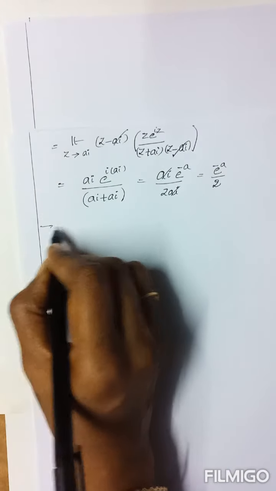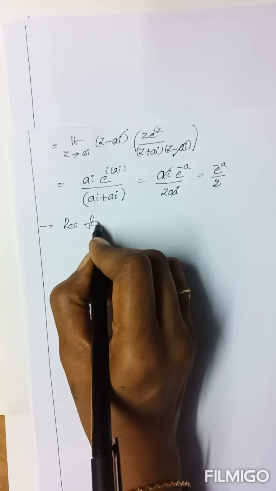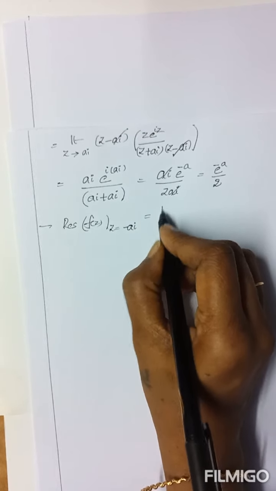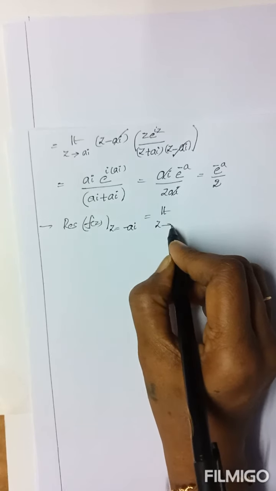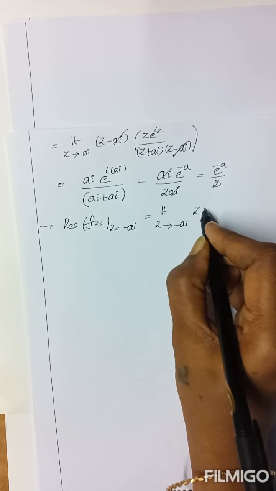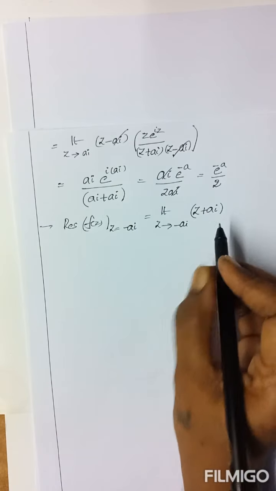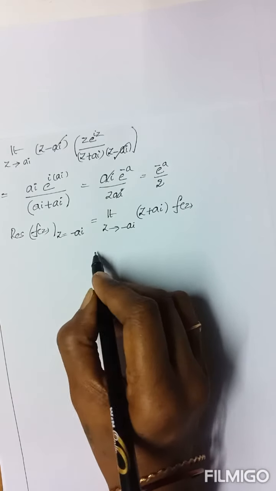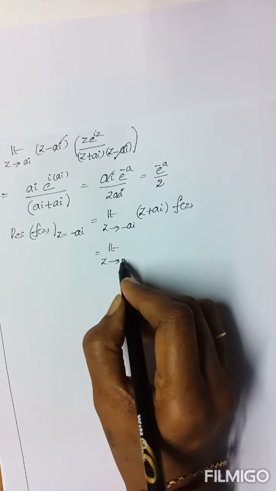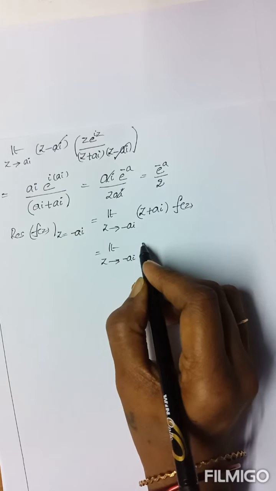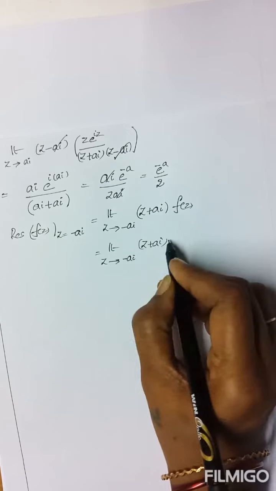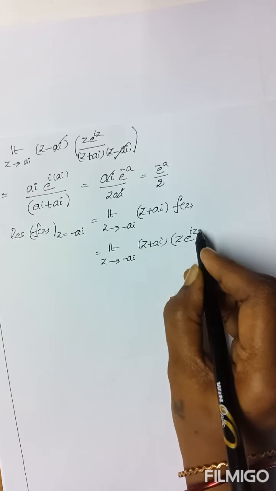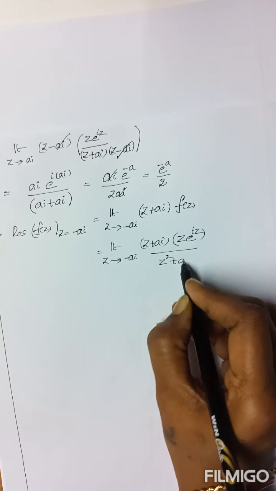Similarly, you can define the residue of f of z at z equals minus ai. This is a simple pole, so its residue can be taken as the limit as z tends to minus ai of (z plus ai) f of z, where f of z is z e power iz by z square plus a square.